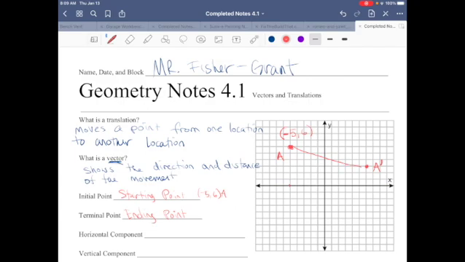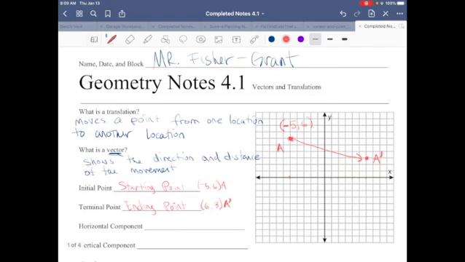So we moved it from negative 5, 6 to 1, 2, 3, 4, 5, 6, positive 3. So 6, positive 3, and we're calling that A prime. We just put that little apostrophe there to know that that's the moved point.